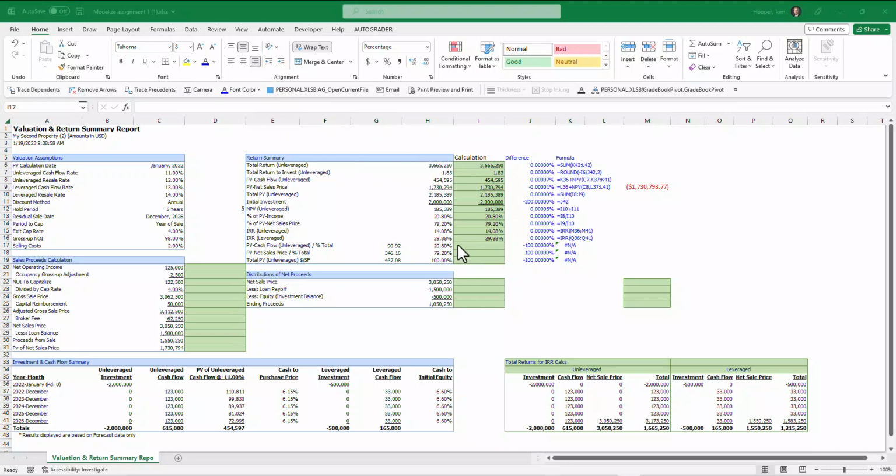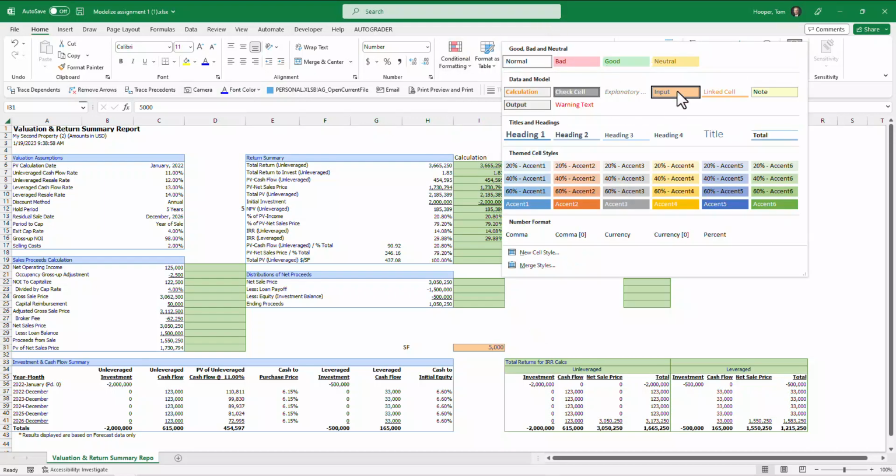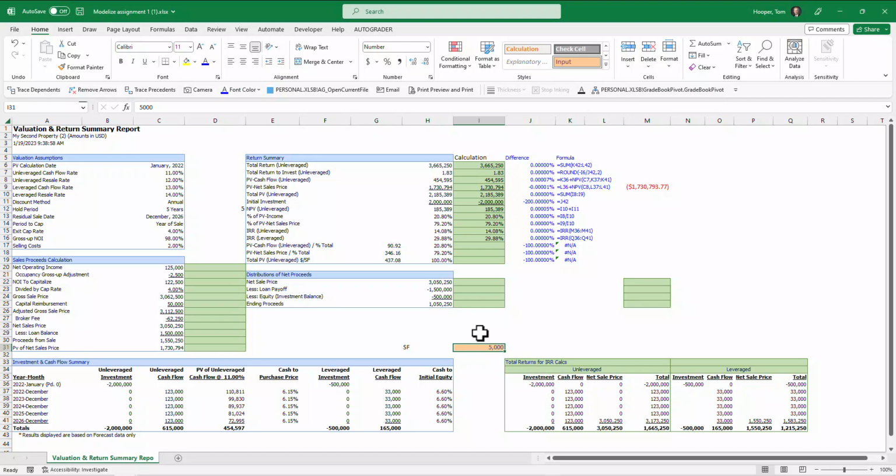Okay, these next three are a little bit weird. What these are is these values divided by the square feet. We don't have the square feet on here, but I happen to know that it's 5,000. So let me come down here and enter 5,000. I'm just going to call it square feet. I'm going to format that as an input because it's just a number that we didn't get from Argus. We had to go get it ourselves out of our Argus file.